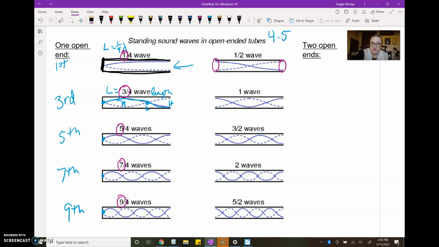Okay, so here we can see antinodes at both ends. This is half of a wavelength, kind of cutting the ends of that wavelength off. Do you see that? So the length of the pipe encompasses half of a wavelength.